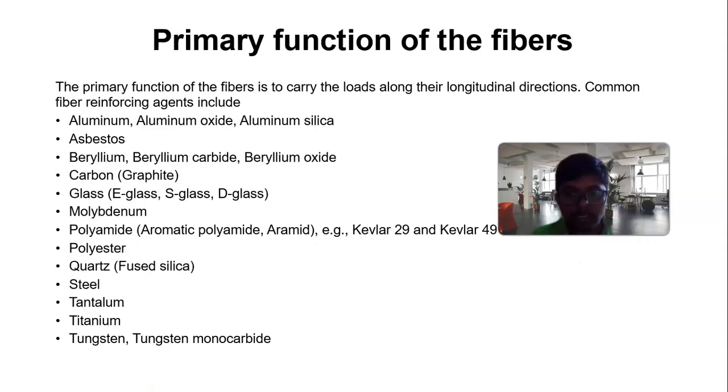Okay. So here, what is the primary function of the fibers when we get into the reinforcement? Generally, fibers have some unique properties, for example, they are used to carry the loads along the longitudinal directions. Otherwise, let us see some examples that we are using as common fiber reinforcing agents.